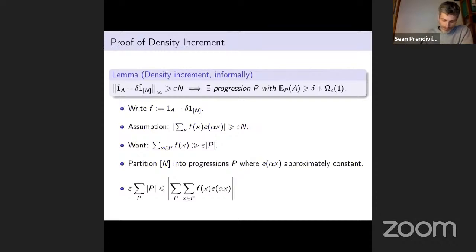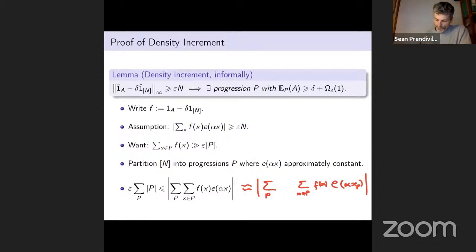Now we're assuming e(αx) is approximately constant on these progressions. So this is approximately the sum over P, sum over x in P, of f(x), and you could just pick your favorite element of the interval, x_P.